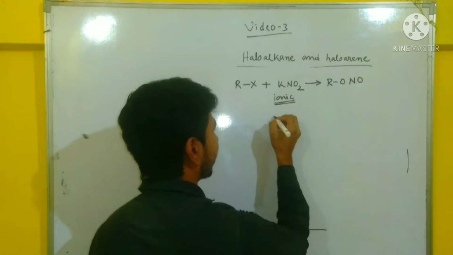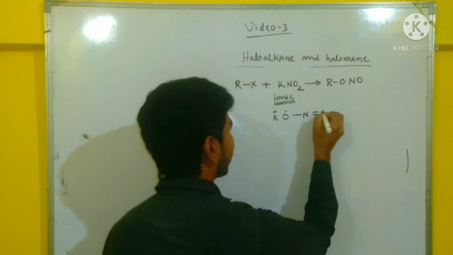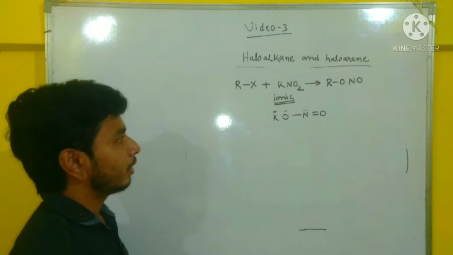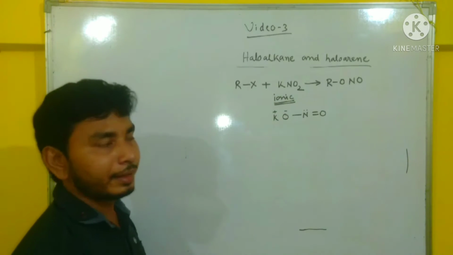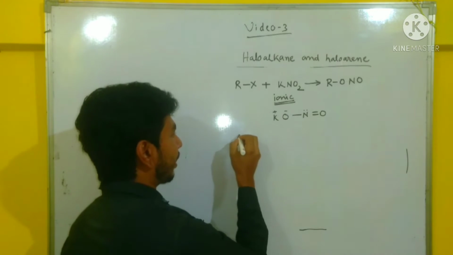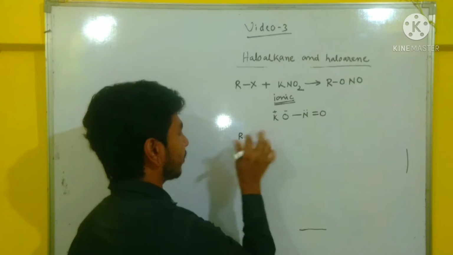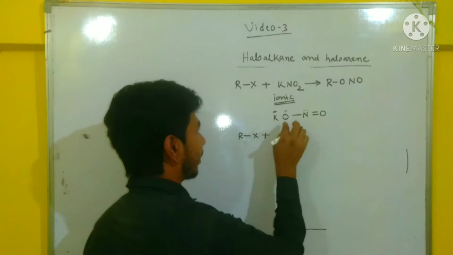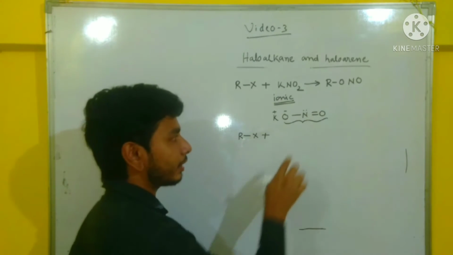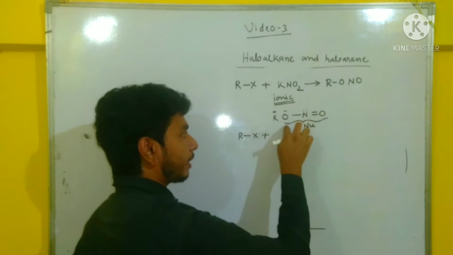If we write the structure, that is K plus, O minus, N double bond O. Structure of the KNO2 is like this: K plus, O minus, then N and O. Now when RX reacts, this part acts as a nucleophile, the O minus N double bond O part.